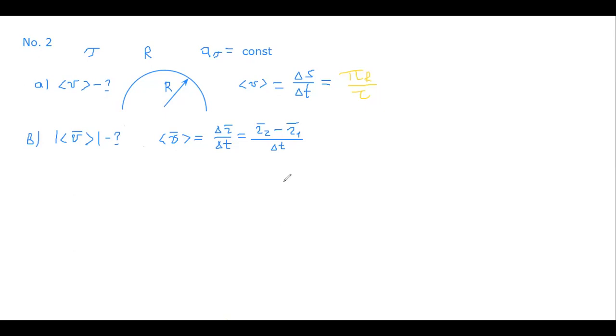Okay, let's draw one more picture, and I hope it will help us to find this delta r. Delta r is called the displacement vector, the vector of displacement. So we have to find this vector of displacement.